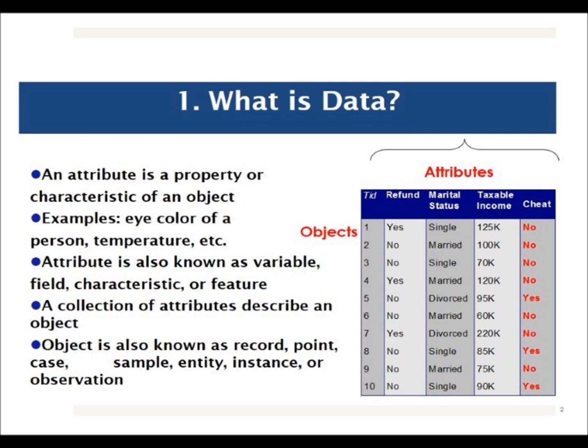The so-called data mining model is nothing more than I want to build a relationship. Look at the last column. It's called Cheat. That's what I consider the dependent variable on the other three attributes: the refund, marital status, taxable income, and those things.